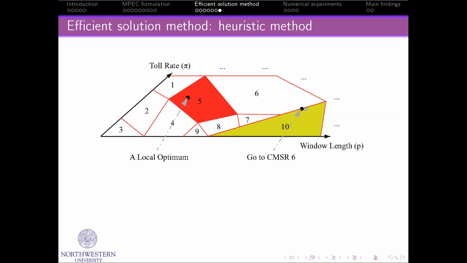Since the value of the objective function on the upper level is continuous, for this type of solution, it's either the local optimum, or we can find a better solution by going across the boundary to the neighboring CMSR.